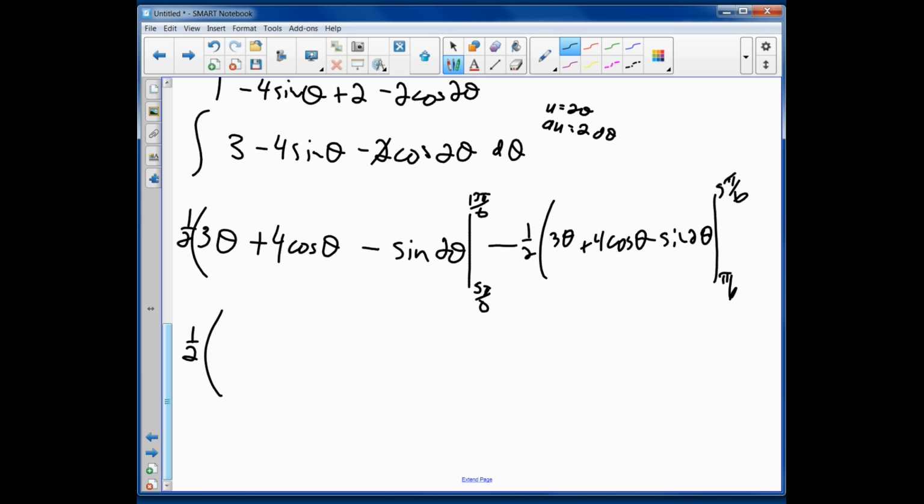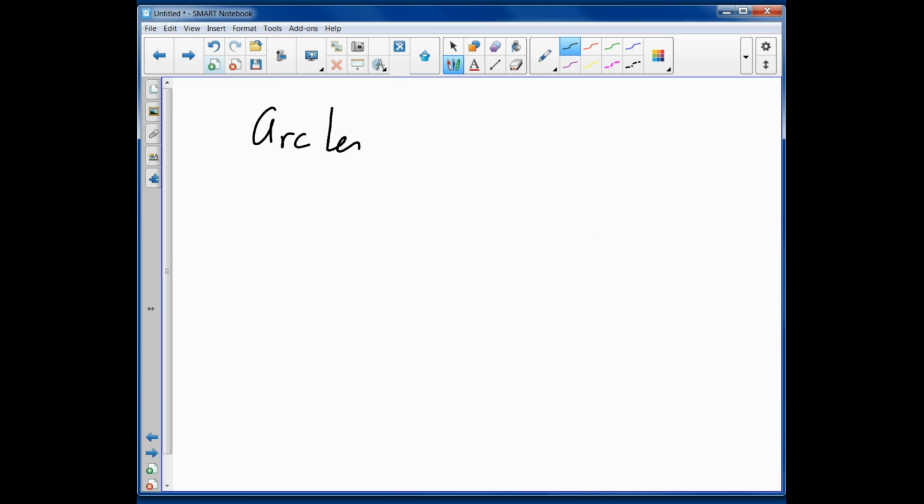All right. Arc length. Okay, so arc length S is the integral from alpha to beta of the square root of f of theta squared plus f prime of theta squared d theta.